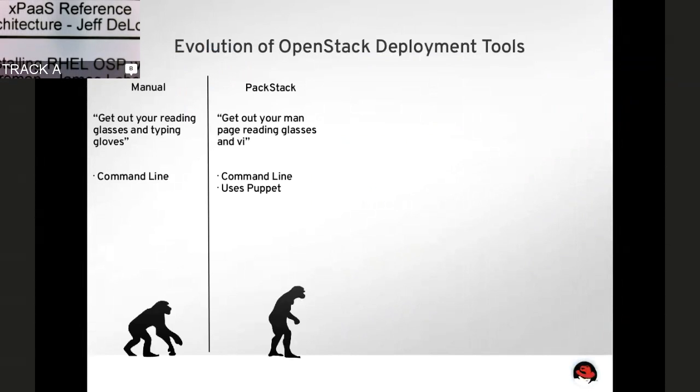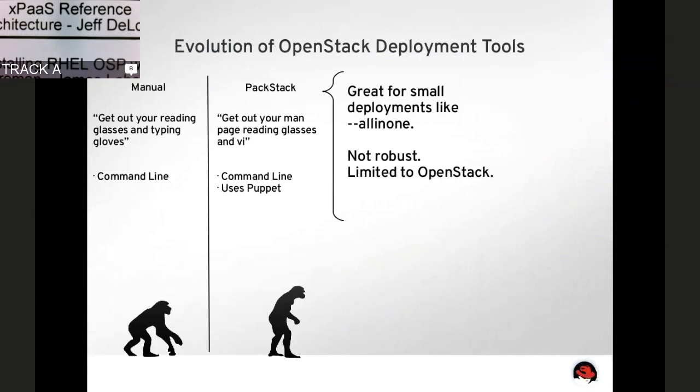So this uses Puppet in the back end to actually do the configuration. This is great for small deployments, like, for example, the PackStack all-in-one, right? I'm sure almost all of you, if you've installed OpenStack at Red Hat, you've probably used PackStack all-in-one at some point. The downside of this is it's not really robust, and it's kind of limited to OpenStack.